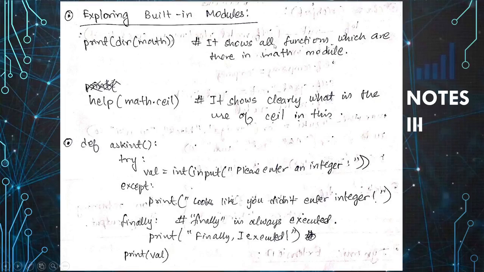It will show all the functions which are there in the module. Suppose you don't know one of these functions but you want to use it, you can write help(math.ceil). Suppose you don't know what ceil in math means, you can just write that and it will tell you how it works, with an example. So these are very useful things. You must definitely go through this in your free time.